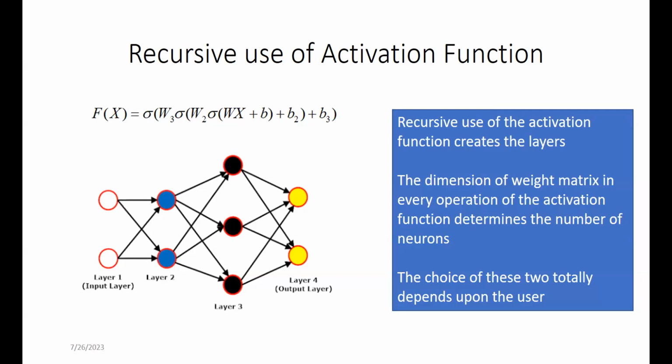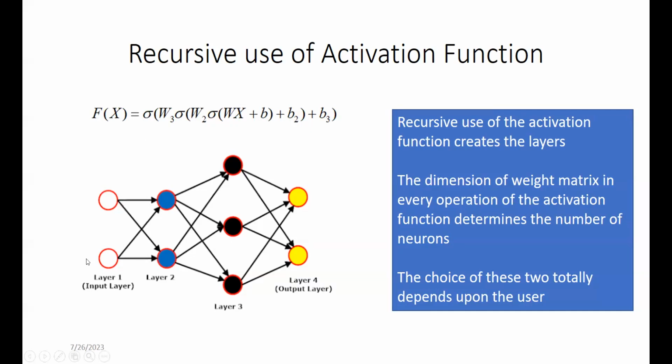This creates a sequence of computation, and each level of computation is going to create a particular layer of the neural network. This is the pictorial diagram which presents the computational representation of this expression. This is the input layer.